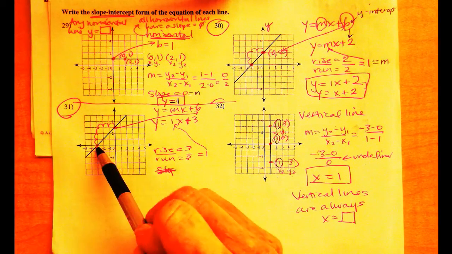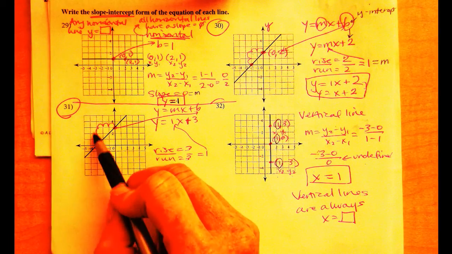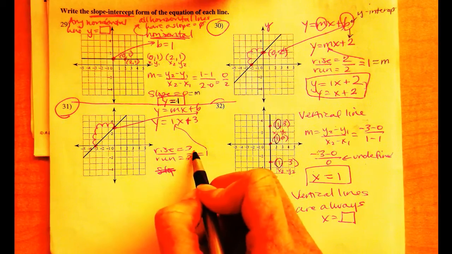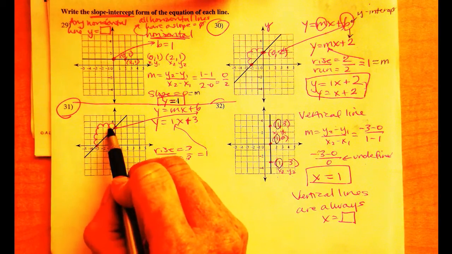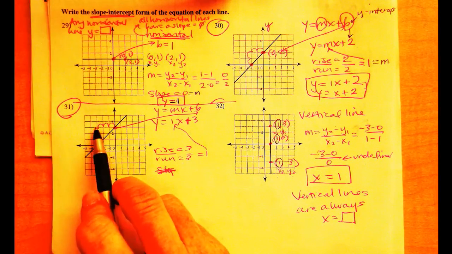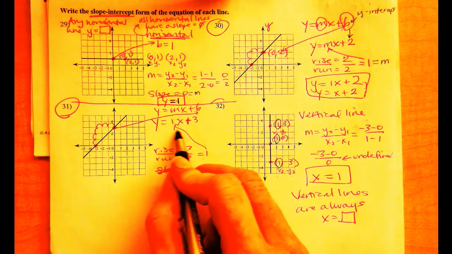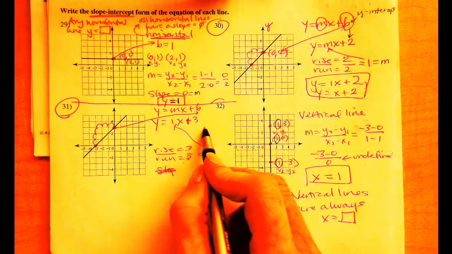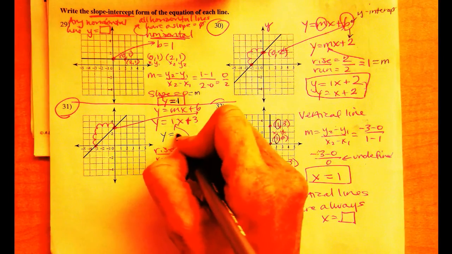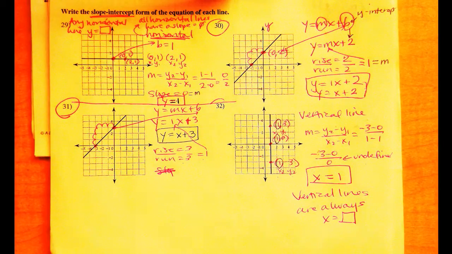It happened that to move from this point to the other one we knew using only the grid, we were rising 3, and then we were running 3. Those are both positive values because, again, we were going up and to the right. So we ended up, again, with a slope of 1, coincidentally. So we got y equals 1x plus 3, or we could just rewrite that as y equals x plus 3. Either of those would be fine.